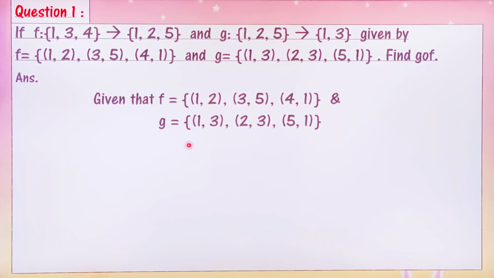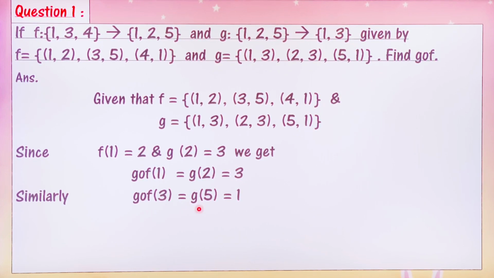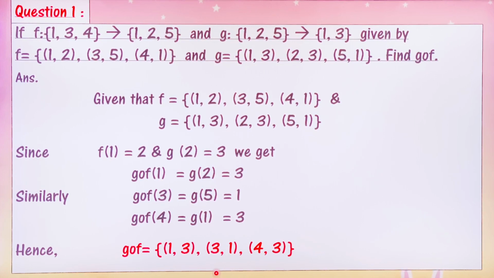Since f(1) is equal to 2 and g(2) is equal to 3, we get (g circle f)(1) equals g of f(1) is equal to g(2), that is equal to 3. Similarly, (g circle f)(3) is equal to g(5) is equal to 1. (g circle f)(4) is equal to g(1) is equal to 3. Hence, g circle f is equal to {(1, 3), (3, 1), (4, 3)}.